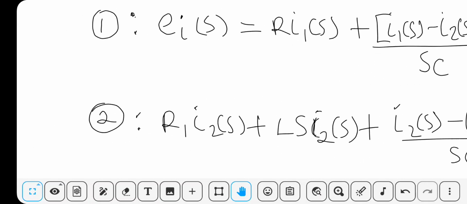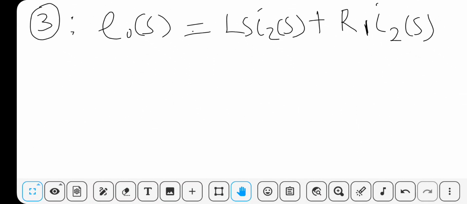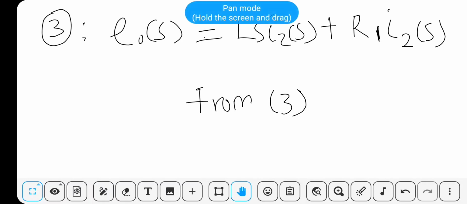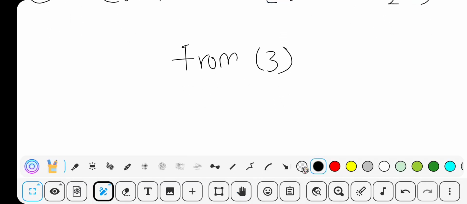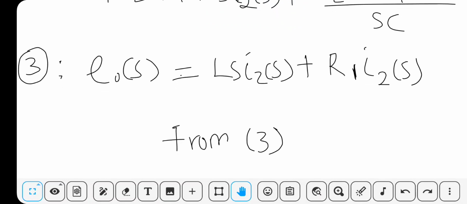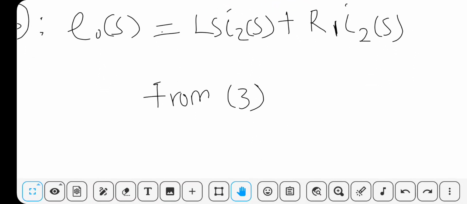So now we know that this is equation 1, 2, and 3. From equation 3, make I2 of S the subject of the formula. We can see that it's common, so we can factorize.